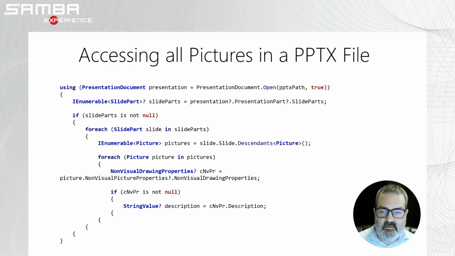So now we can open the presentation directly, then access its slide parts, and use a for each loop over the slide parts to access the pictures, and then another for each loop to access the enumerable pictures and get the descriptions. Now, with the SDK, we can do it in 19 lines of code, which took over 90 working with the XML directly. And along with that, we get strongly typed classes and help with error prevention.